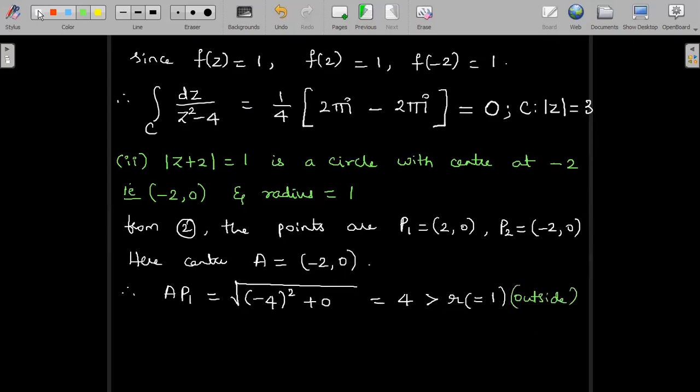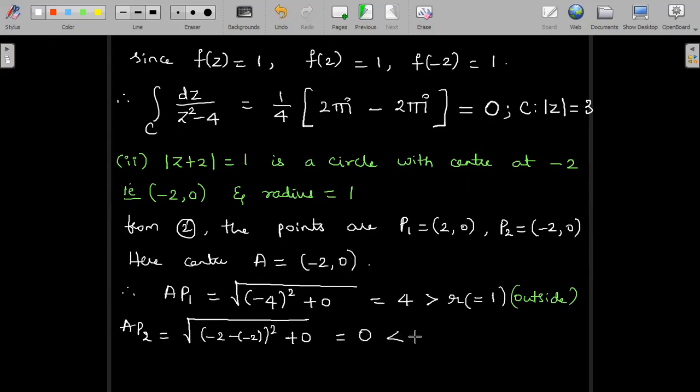Similarly, let us check the other point by computing AP2. Again, we'll apply the distance formula for AP2. It is the square root of (-2 minus -2) the whole squared plus 0. So we are getting 0 under the root, which gives me 0 itself.